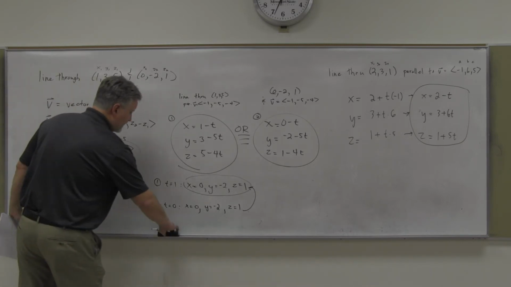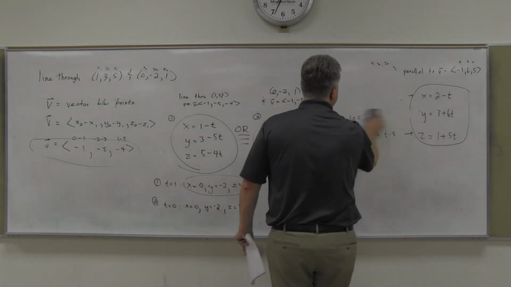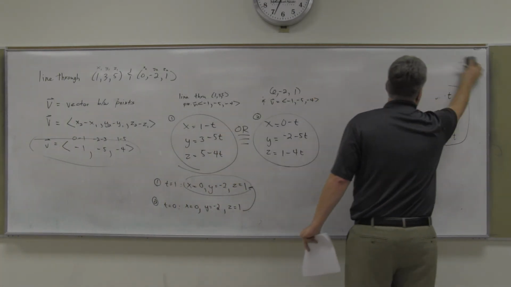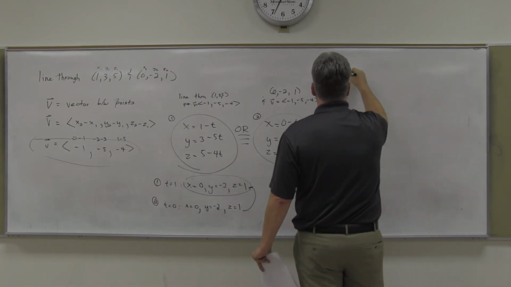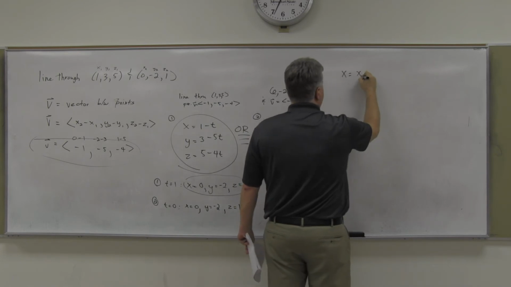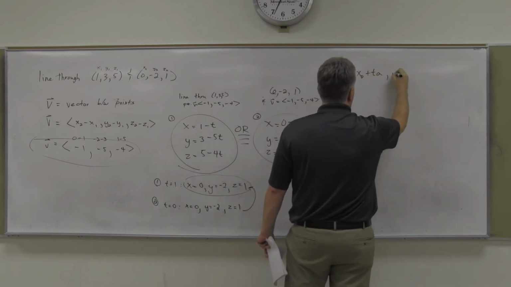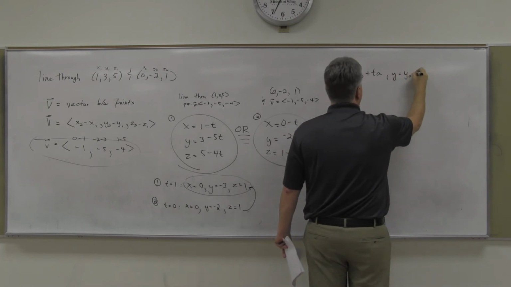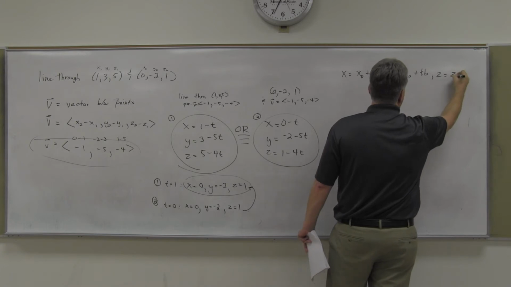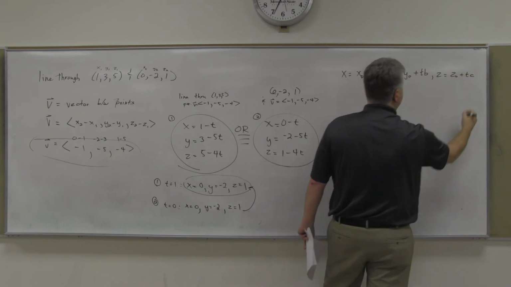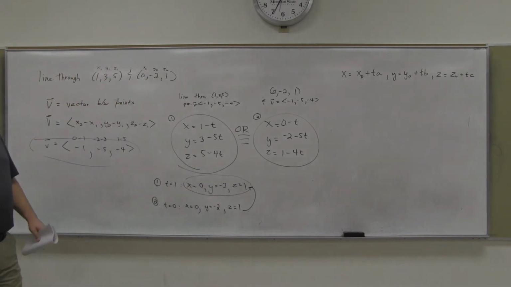Now, another form, if we solve, let's see, let's write those up here again. All right, so we got x equals x0 plus ta, y equals y0 plus tb, and z equals z0 plus tc for the point and vector we talked about.